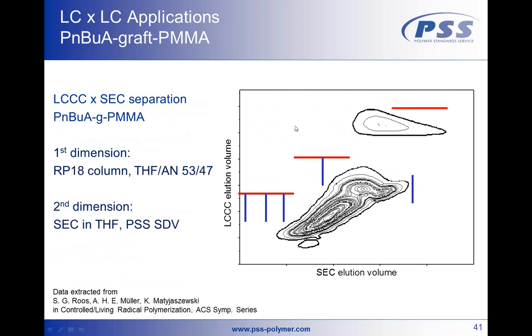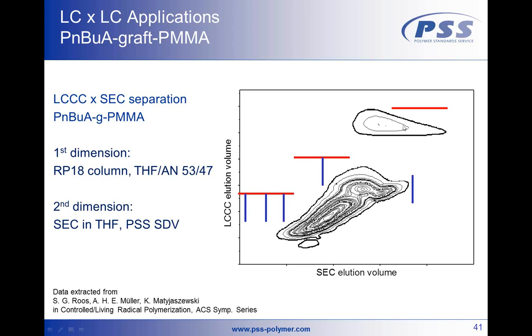Graft copolymers can also be separated. In that case, a work from Sebastian Roos and Axel Müller's group. We have a separation by critical chromatography along the y-axis, critical chromatography for the side chains which have been n-butyl acrylate, and you see the residual side chains, the non-grafted side chains, form a spot here.